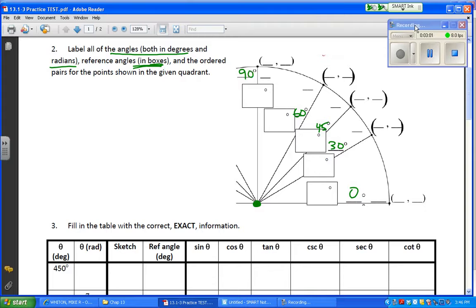Now in this case, in the first quadrant, the reference angles are just the angles themselves. Because if we were to get back to the x-axis in the first quadrant, that is exactly what the original angle was anyway. So these are all the same. If you're in a different quadrant, the reference angles will still be 90, 60, 45, 30, and 0.